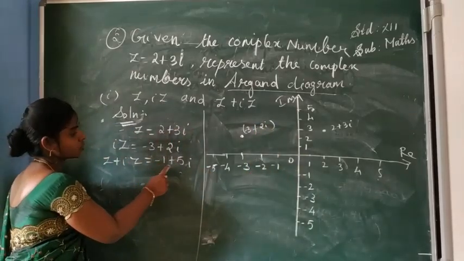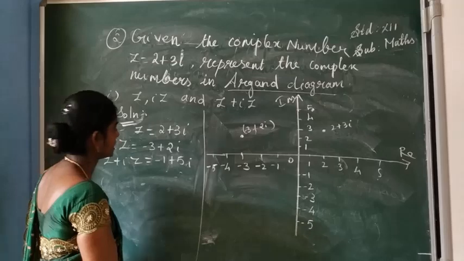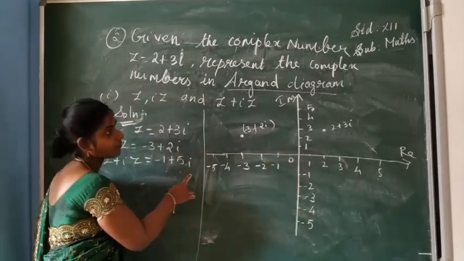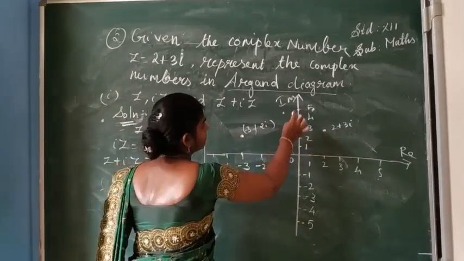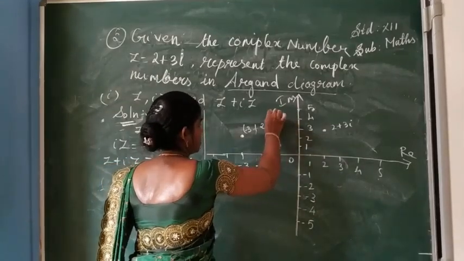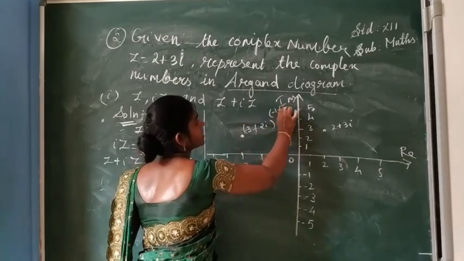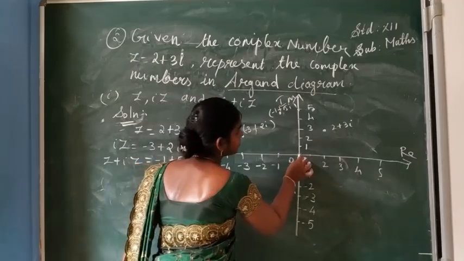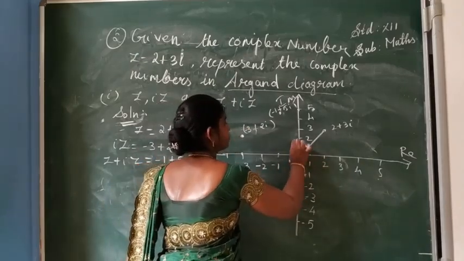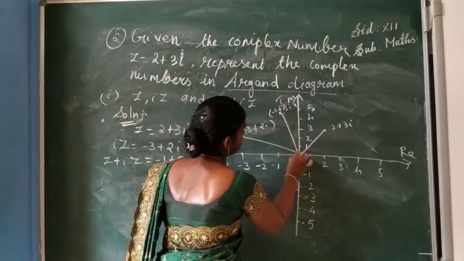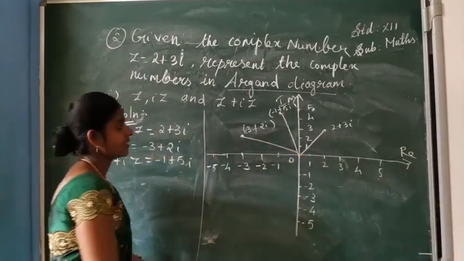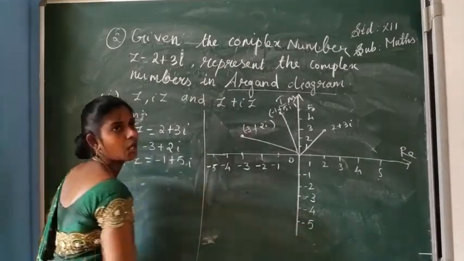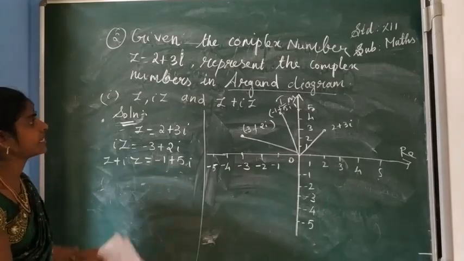Next one minus 1 plus 5I. Minus 1 here and plus 5I. 5 here. Minus 1 plus 5I. So now we can join the lines. So this is the Argand diagram. We have to find the values and plot the points. Next we move to the second question.